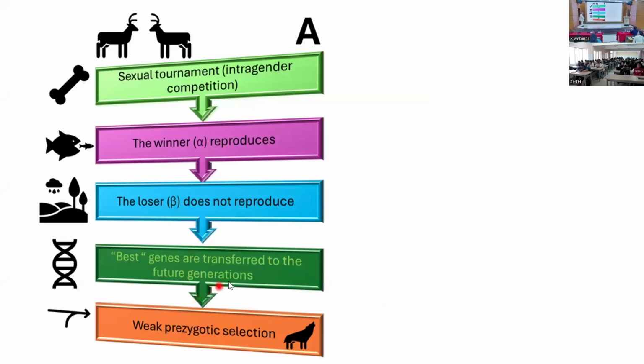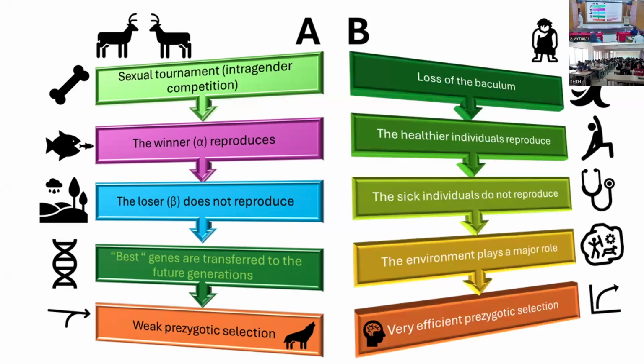So the best genes are transferred to the future generation, and there is not so good a pre-zygotic selection, which means before the creation of the zygote, before the creation of the embryo. This is our strategy. We lost the baculum. The erection is an opinion.